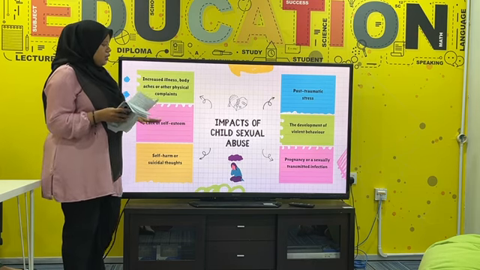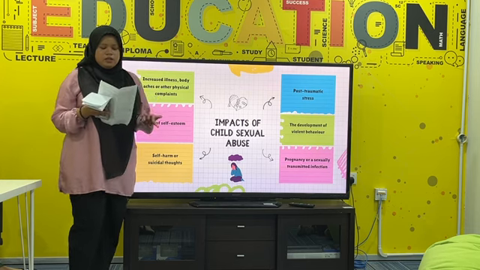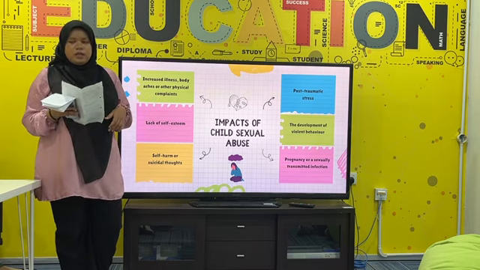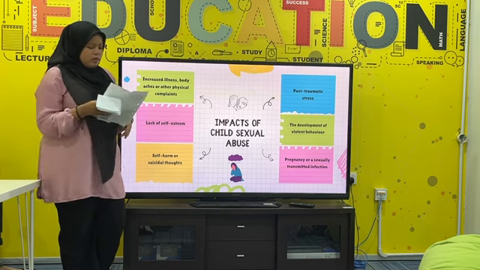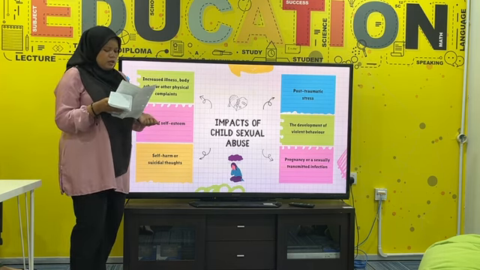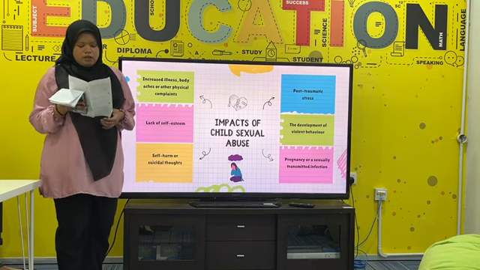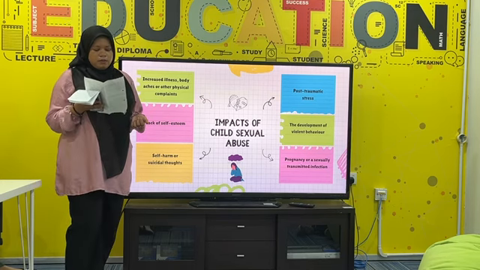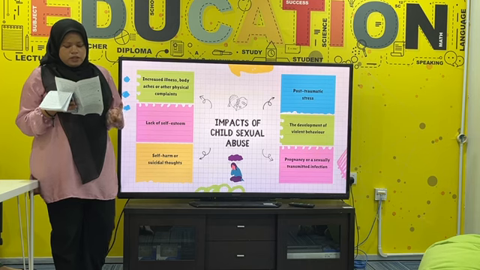Sixth, we have a pregnancy or a sexually transmitted infection. It happens when the abusive acts lead to the transmission of infection or pregnancy in the victim. For example, unwanted pregnancy. This pregnancy can have several physical and psychological impacts, including trauma from carrying a child at a young age, complications during childbirth, and stigma or shame from society.